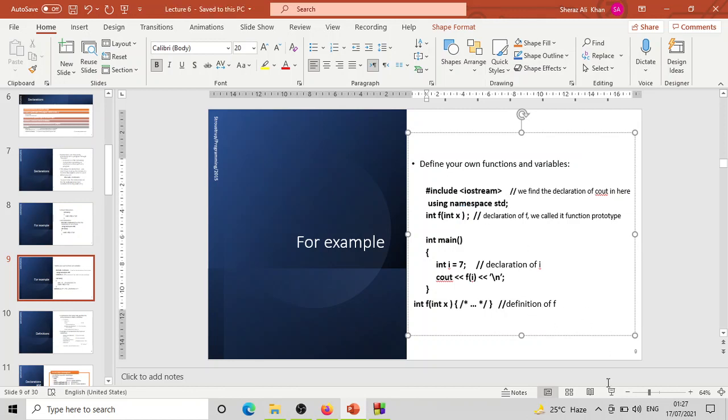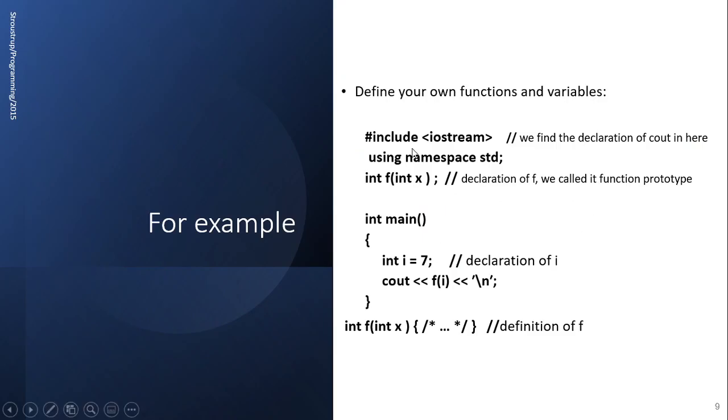By adding these declarations, this preprocessor directive and this statement fix the declaration issues for cout. This function prototype, the declaration for the function f, fixes the problem with f, so now it is no longer an undeclared name. And this variable I fixes the declaration issue for I, so now I is no longer an undefined name.